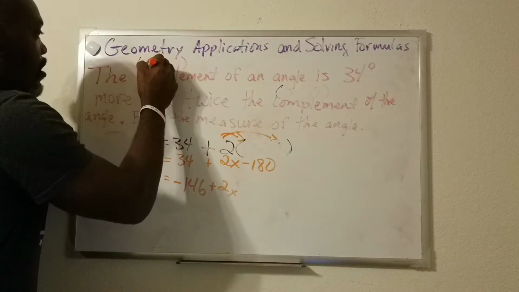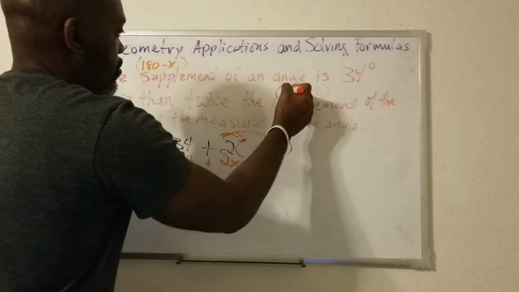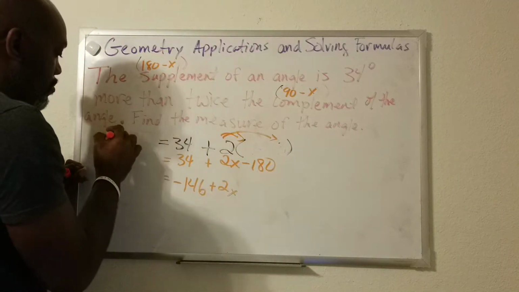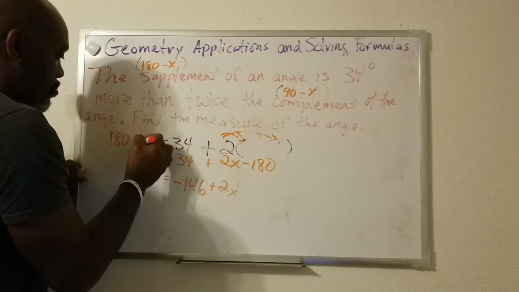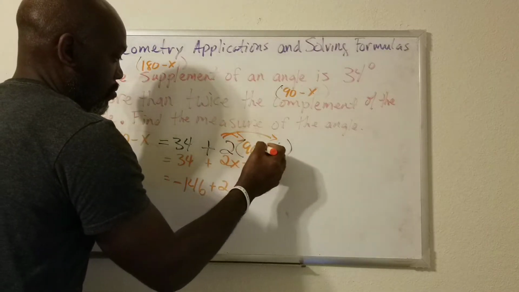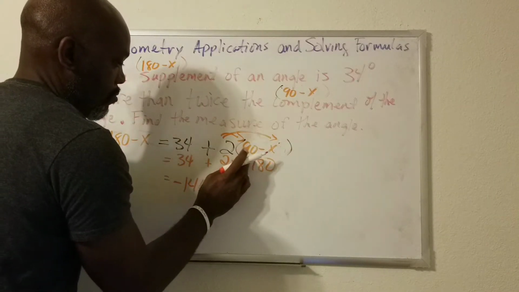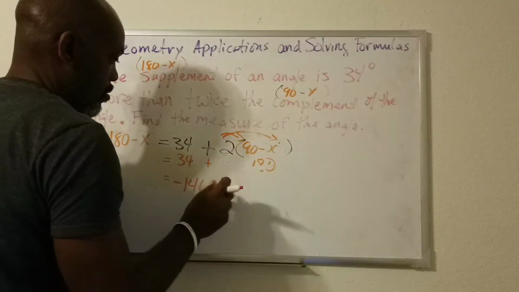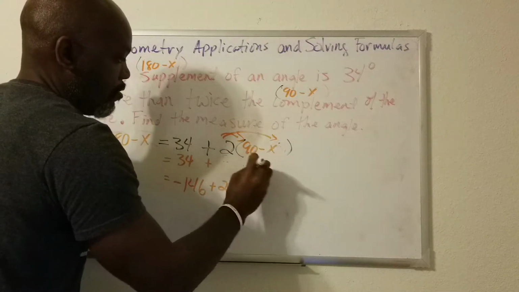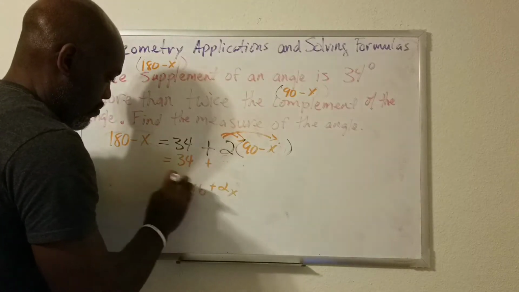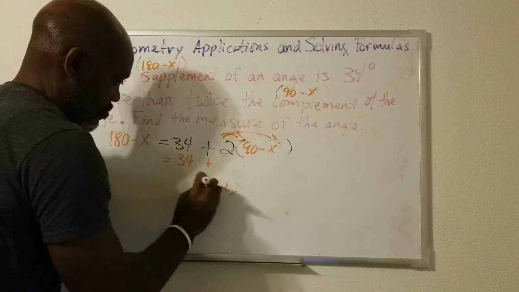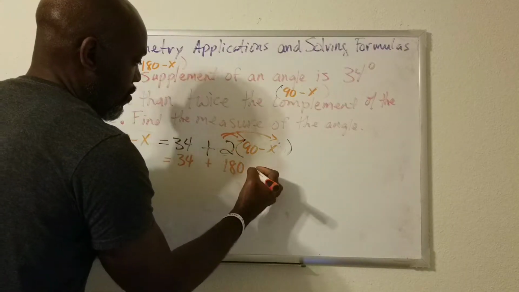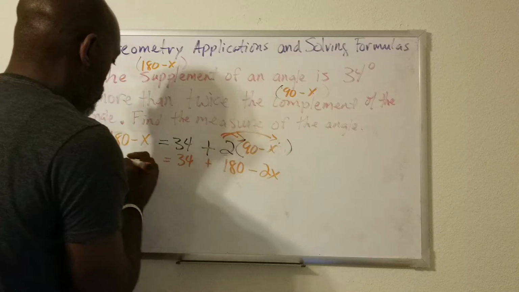It's 180 minus x, and it's just 90 minus x. It's 180 minus the angle. So that's 180 minus 2x.